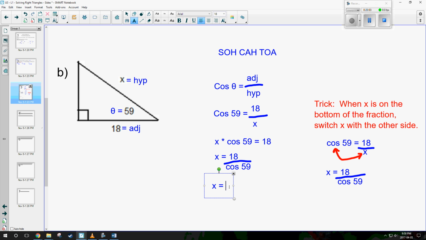So 18 divided by cos of 59, you should get a value of 34.9. And because our next value is a 4, we just leave that as a 9, no rounding necessary. And then we're done because we have our value for x in this case.